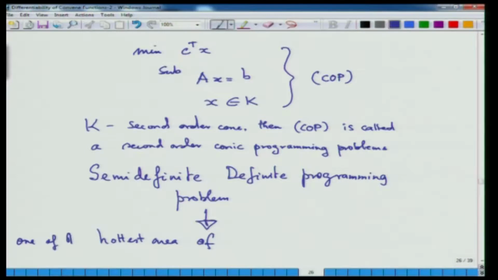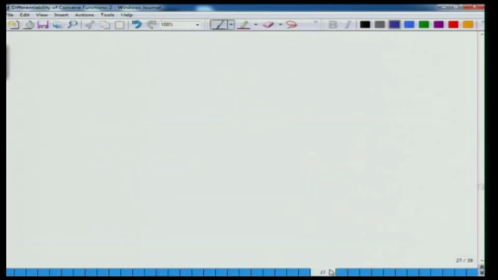We have already described a bit about semi-definite programming, trying to find its dual. So, let me first today introduce what a semi-definite programming problem is; duality etc. will come later on.